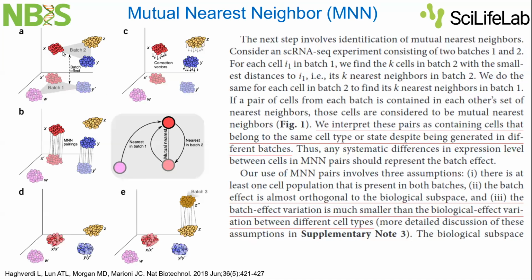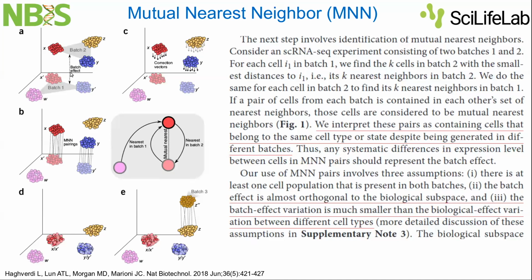If you have clusters of cells in two different batches, the way you correct for the batch effect is you find a pair of cells that are the nearest neighbors across the batches. So you find two closest cells across the batches, and then you say that you believe those cells, the nearest neighbors across batches, belong to the same cell type.